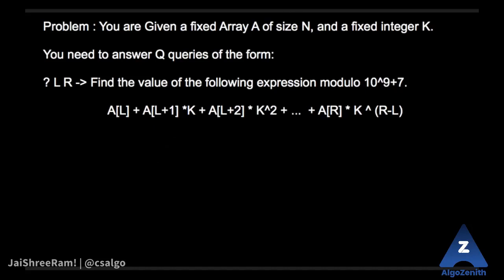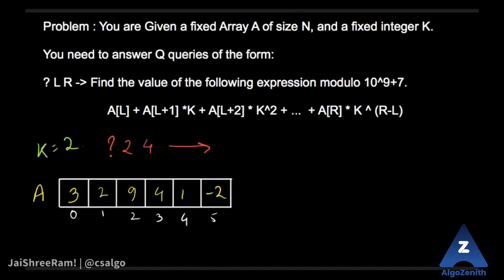Okay, so let's quickly have a look at an example. Let's say k is equal to 2 and you need to find the answer for 2 to 4. So 2 to 4 is this range. To evaluate the value, we can just put in the values from this.